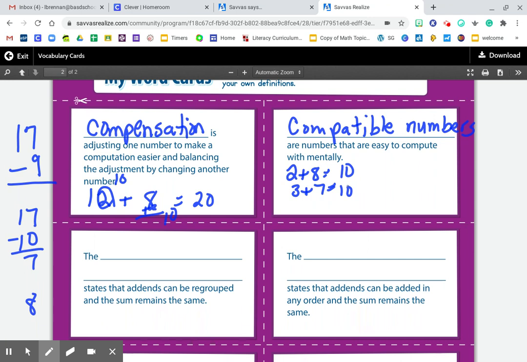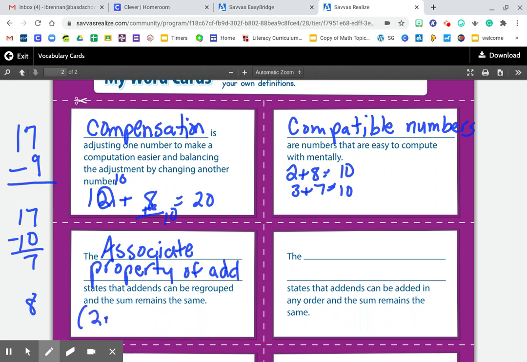And the associative property of addition is when addends can be regrouped and the sum remains the same. Addends can be moved around.